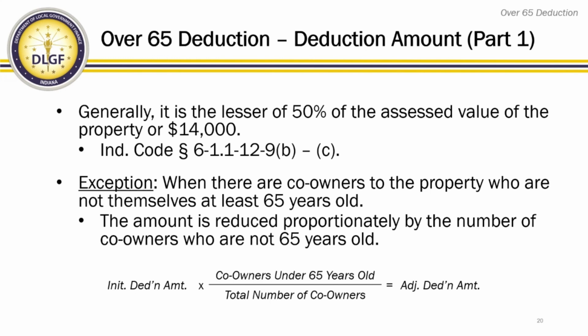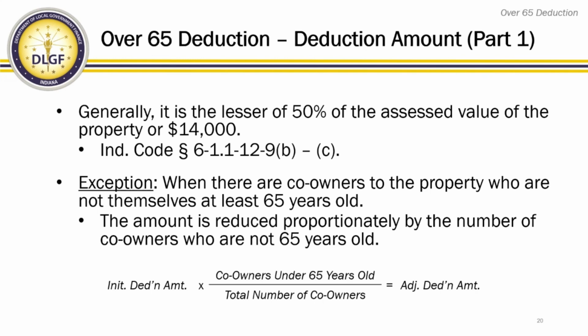The exception, though, is when you have co-owners who are not over 65, like I mentioned, the amount is reduced proportionally by the number of co-owners who are not 65. And state law actually spells out how the proportion is set.